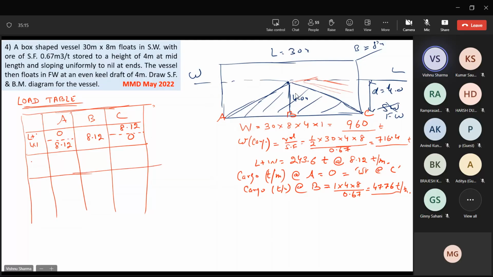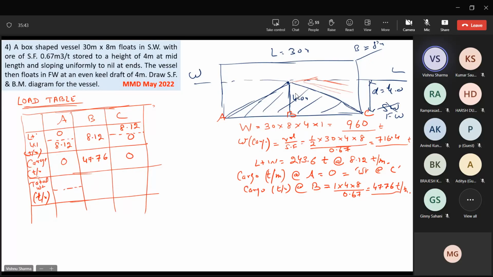Next, we fill up the cargo here. Tons per meter. No need to divide A into 2 because it's 0 in any case. C is also 0. At B, it is 47.76. This gives us the total weight in tons per meter.